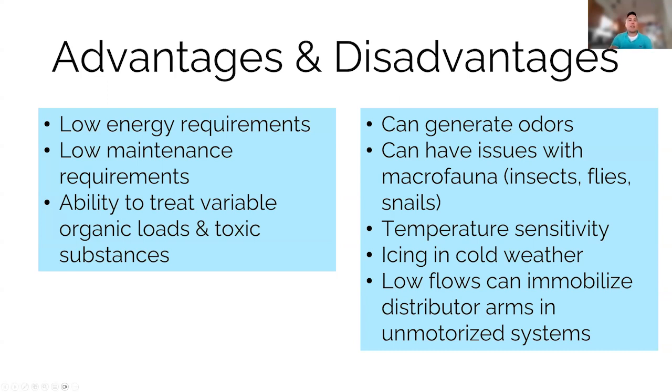Some disadvantages are that they can generate odors, especially when anaerobic conditions are allowed to persist. They can have issues with macrofauna, such as insects, flies, snails, those psychoda that we mentioned. And they have some temperature sensitivity. They ice over in cold weather. And then low flows can immobilize distributor arms in the systems without motorized distribution arms.